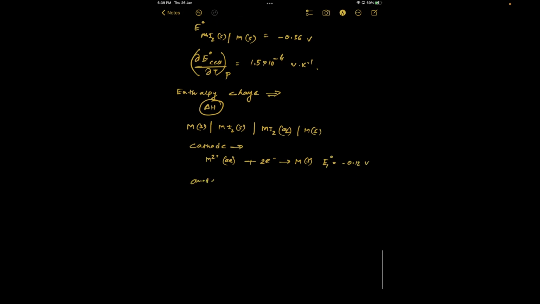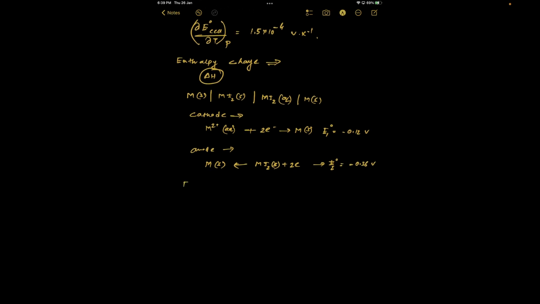And the anode reaction is M solid to MI2 solid plus 2 electron, right? This is the anode reaction. And E20, let's say, is given, which is also the reduction potential, minus 0.36 volt. Okay, so basically the E0 cell will be E0 of cathode minus E0 of anode, right?